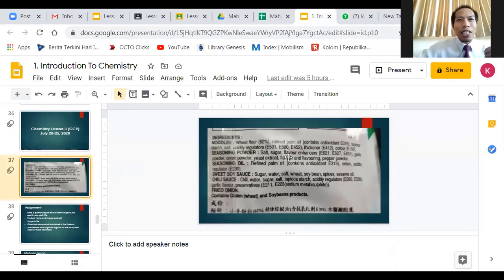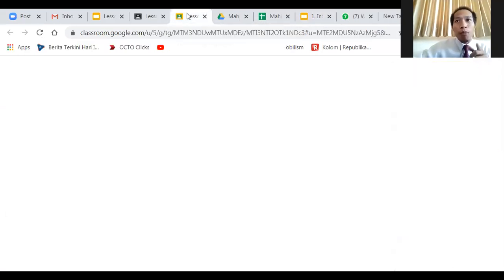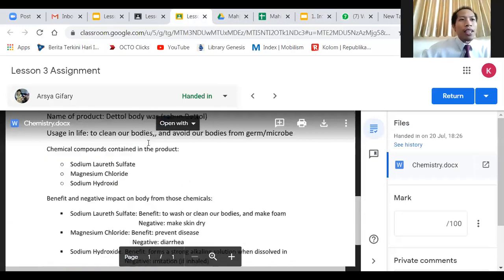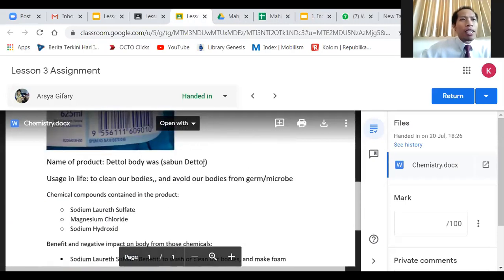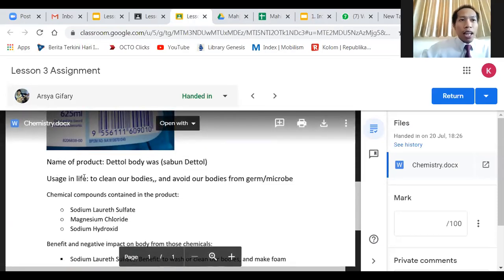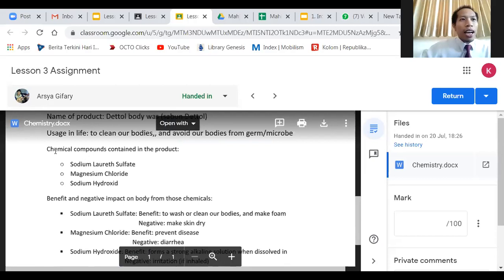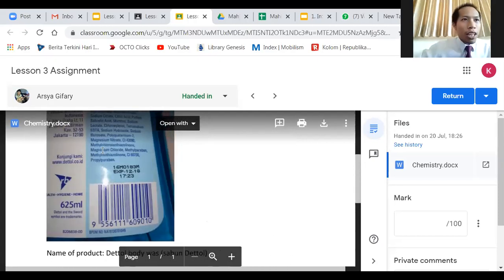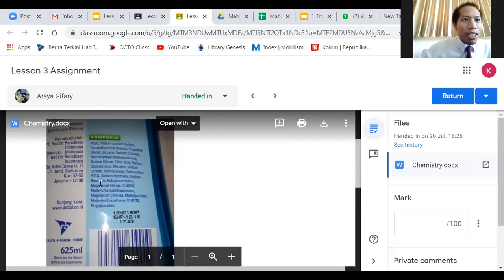Okay, after you find one from your home, then you are going to find the name of the product. For example, it's Dettol soap, and the uses in life. What is the usage of that one? And what else? You are going to find the chemicals inside that product. Here, as you can see, there are so many chemicals.